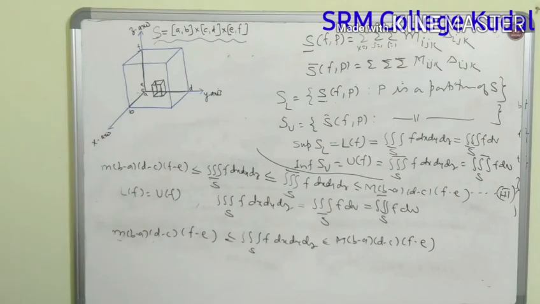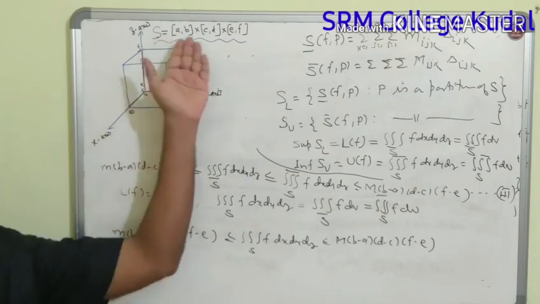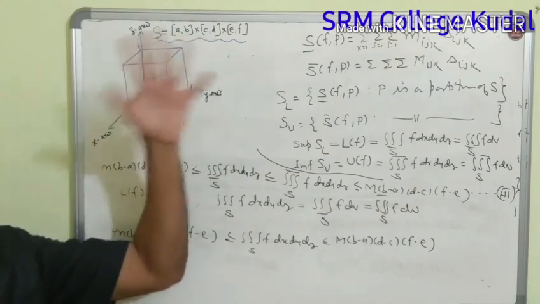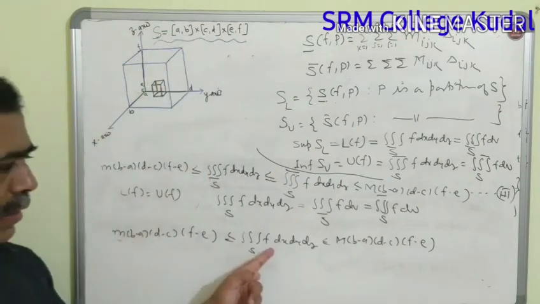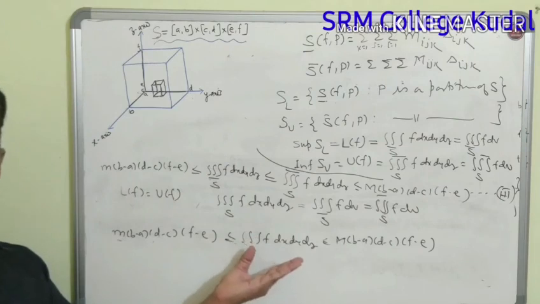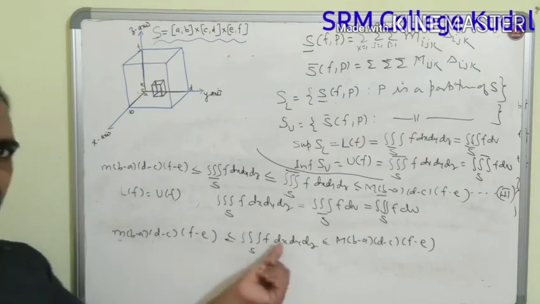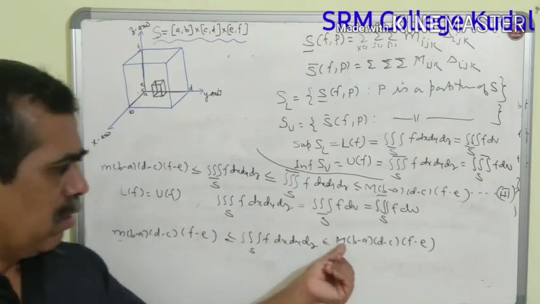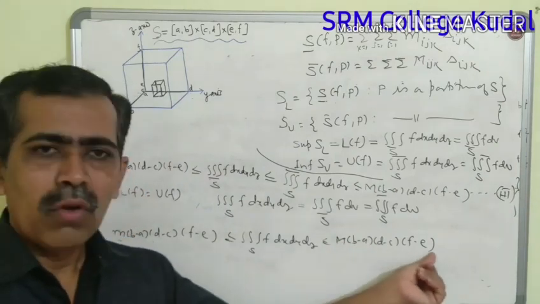So this is how, if f is a bounded function defined on a cuboid S, which is the rectangular box [a,b] cross [c,d] cross [e,f], then its triple integral lies between the infimum value of f over S times its volume and the supremum value of f on S times its volume.